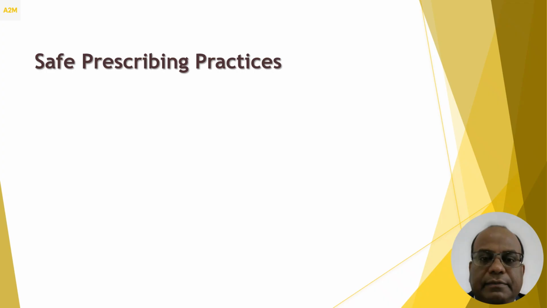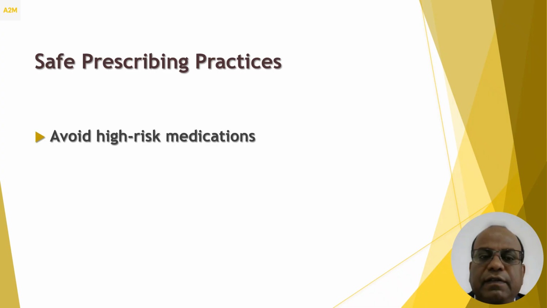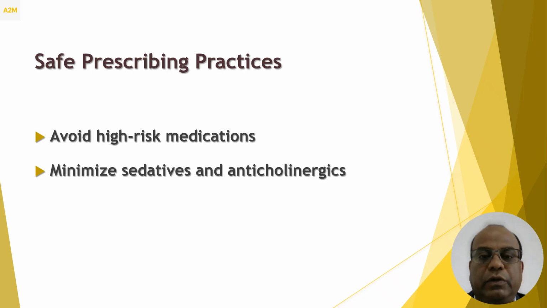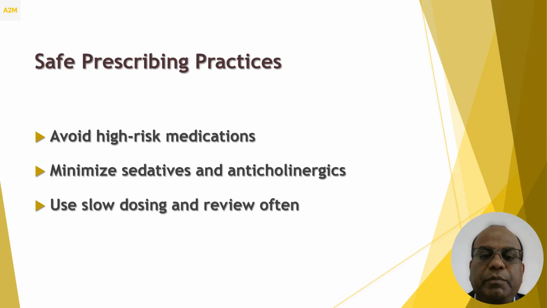Safe prescribing is essential in older adults because their bodies process medicines differently. The kidneys may work slower. The liver may clear drugs more slowly. The brain may react more strongly to certain drugs. Because of these changes, even low doses can cause big problems.